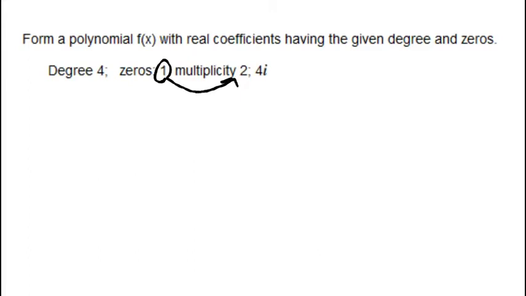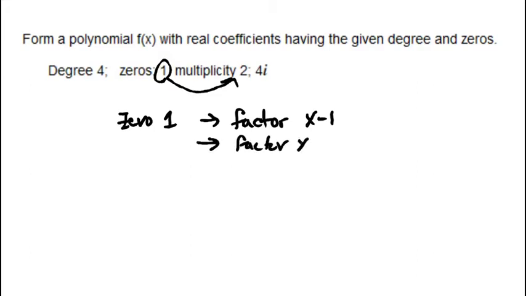When a polynomial has a zero of 1, that means that it has a factor of x minus 1. And the fact that this has a multiplicity 2 means that we have another factor of x minus 1.